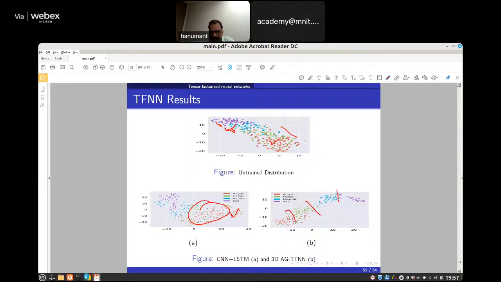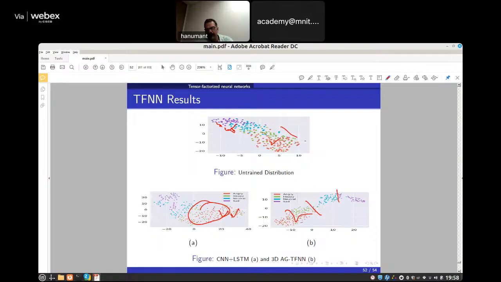But the TFNN, the tensor based neural network, is doing a much better job than CNN and LSTM. There is another advantage: we use a very small number of parameters. I do not have that data here, but that is the advantage of using tensors.